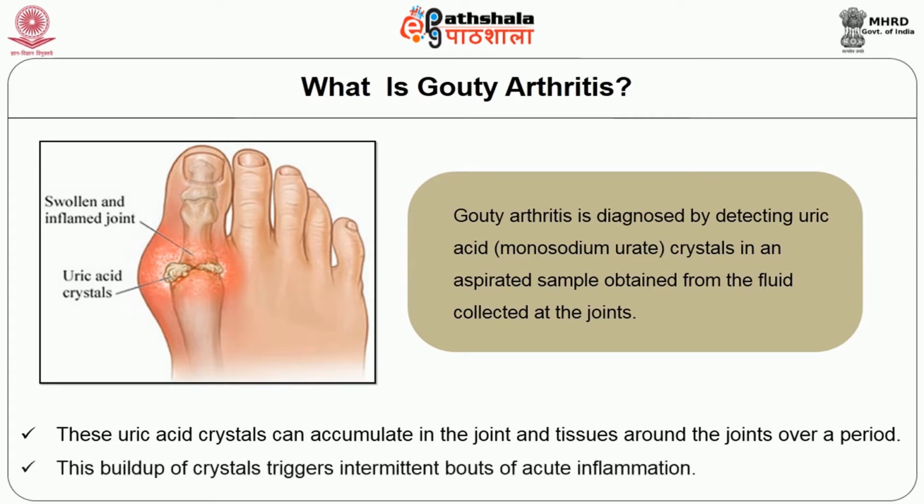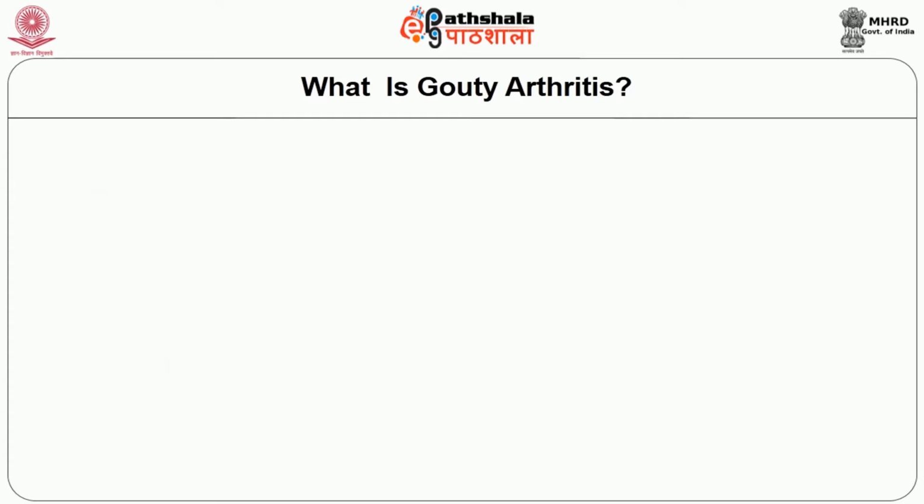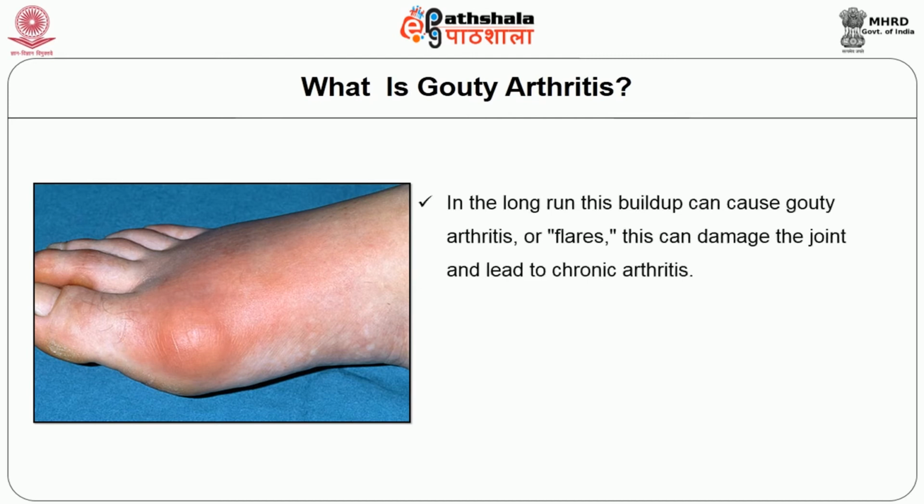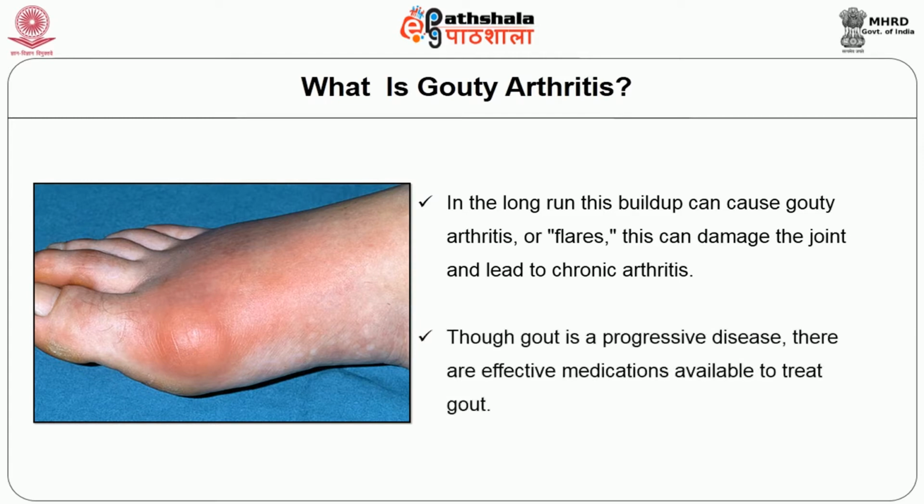This buildup of crystals triggers intermittent bouts of acute inflammation. In the long run, this buildup can cause gouty arthritis, also called flares. This can damage the joints and lead to chronic arthritis. Though gout is a progressive disease, there are effective medications available to treat gout.